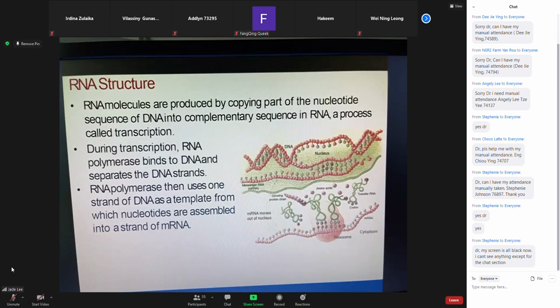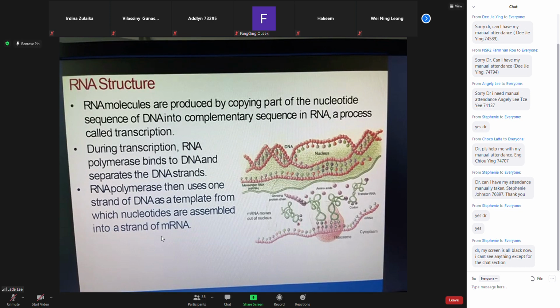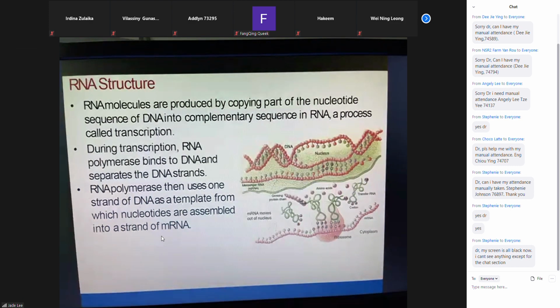Do you understand intron and exon? Only the exon will be translated into the protein. So the first mRNA that's produced is what we call pre-mRNA because it contains introns. So the RNA processing will help to excise the introns.